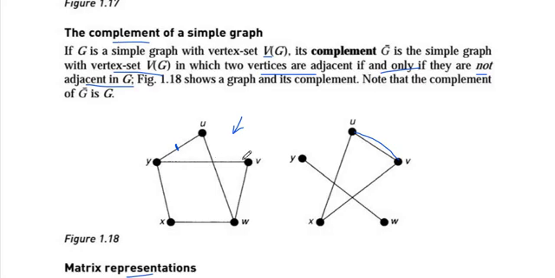Now here v and x also are not connected by an edge, so we have to connect v and x, also x and u, and also y and w. Complement means its reverse graph. If there is an edge between two vertices, then in the complement there is no edge between those two vertices. If there is no edge, then we have to draw an edge between those vertices.